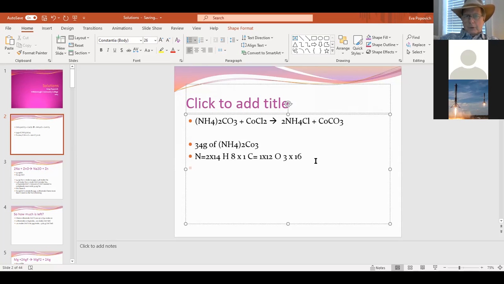So if I add all this, the molar mass is equal to, okay, 48 and 12. This is 48 and 12 is 60, plus 8, 68. 68 and 28 is 96.